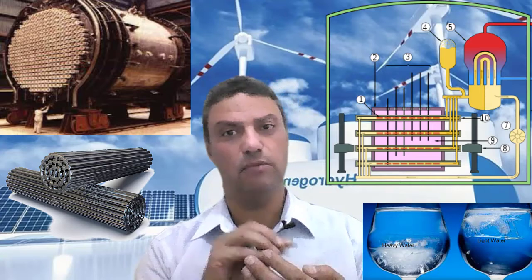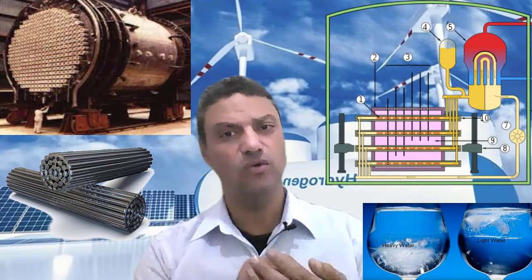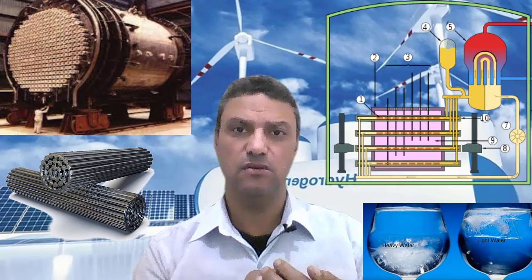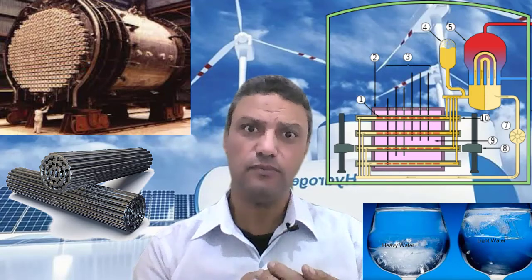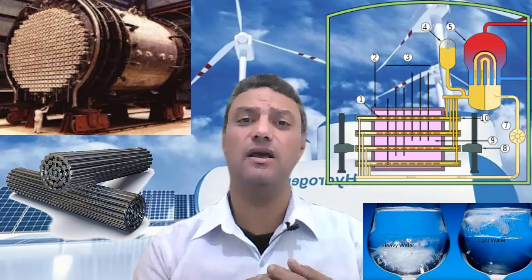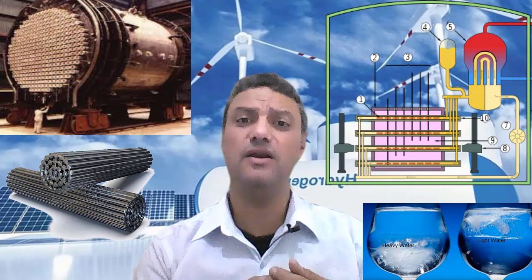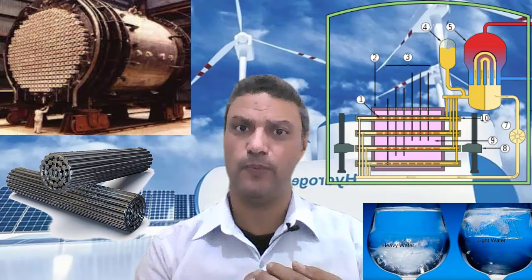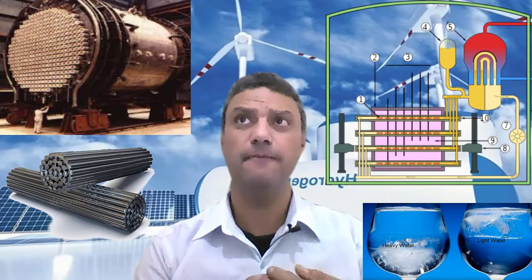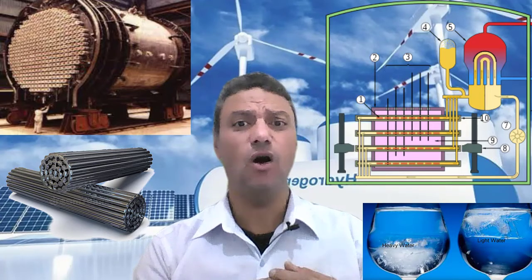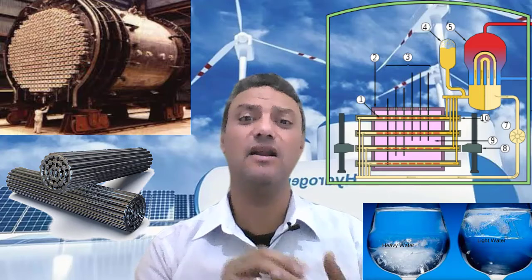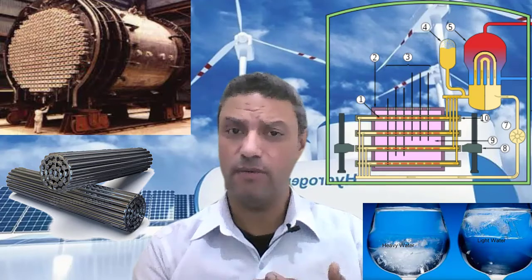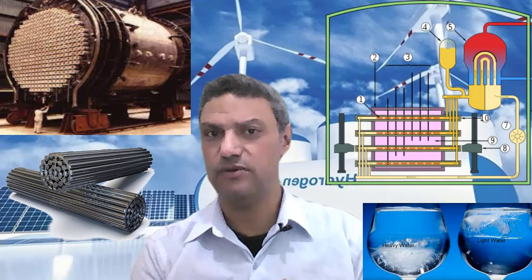So as we said, the CANDU reactor is a pressurized water reactor working with heavy water, which is deuterium oxide, as coolant and moderator. The heavy water has higher neutron absorption than the light water. Also, it is more stable than the light water in thermal and electrical properties.